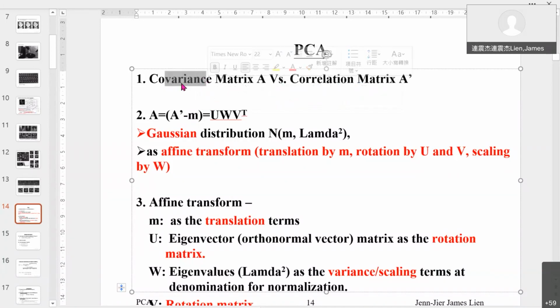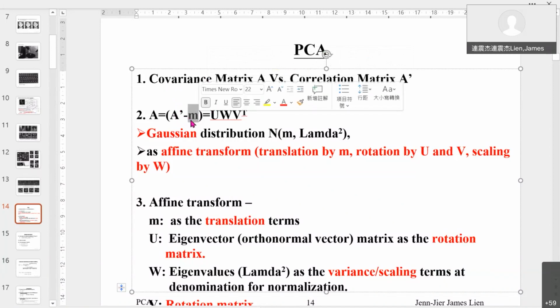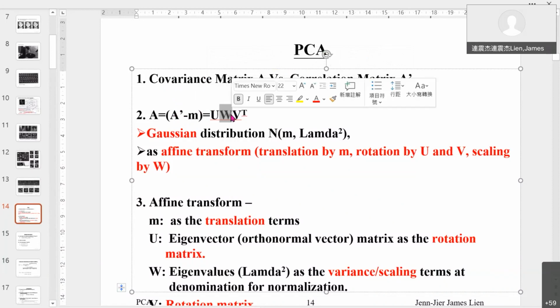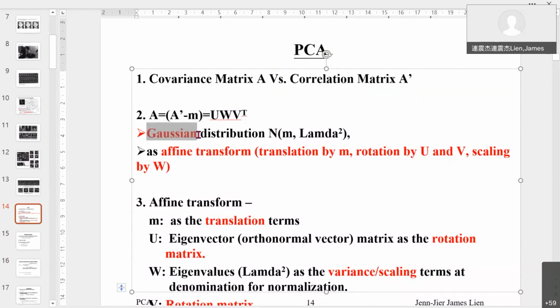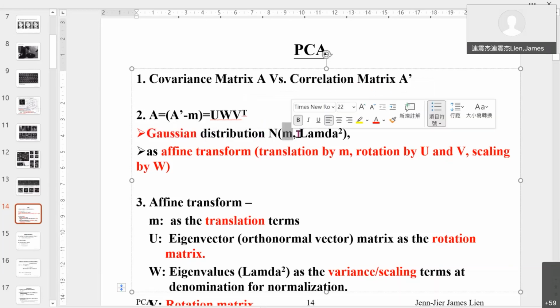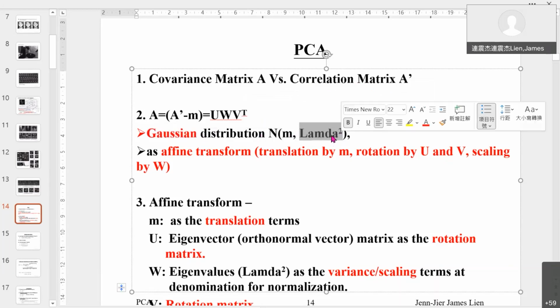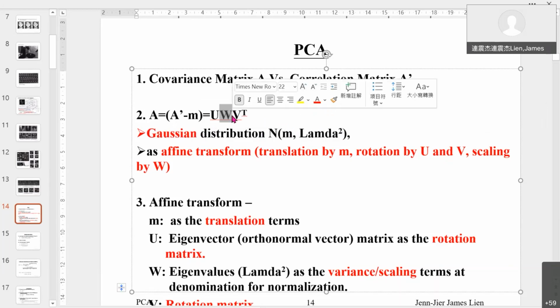If you subtract the Gaussian mean value and then do singular value decomposition, you get U W V^T. Because you have a mean value, the eigenvalue means variance. This is a Gaussian model. In the eigenspace you have a mean value, a standard deviation, and a variance, and variance equals your eigenvalue.